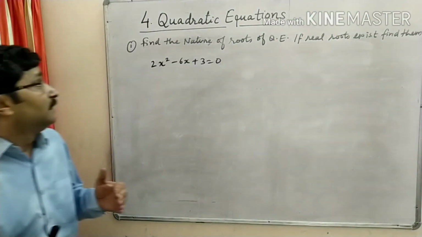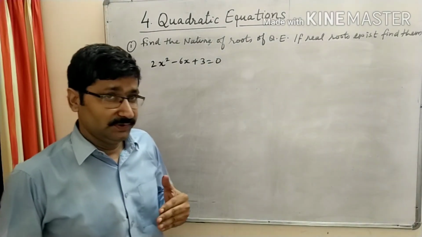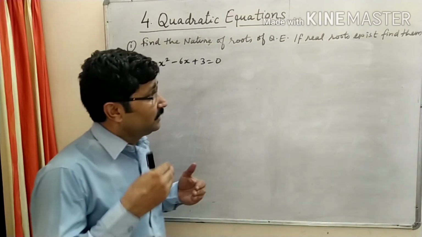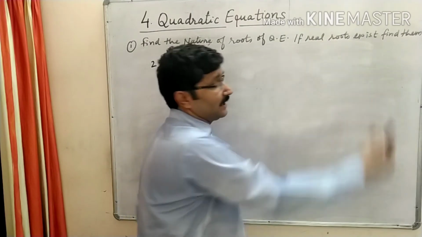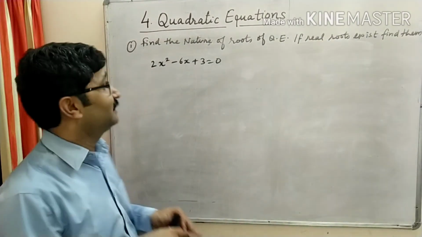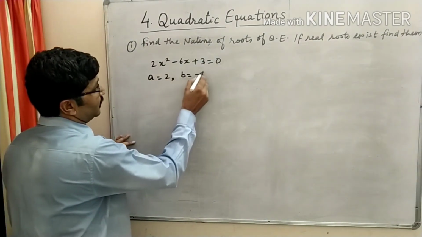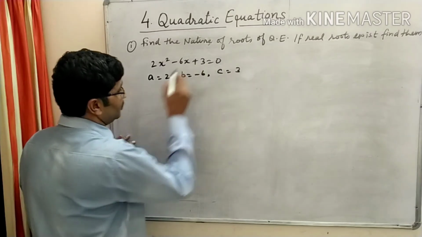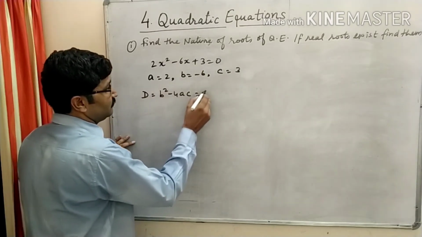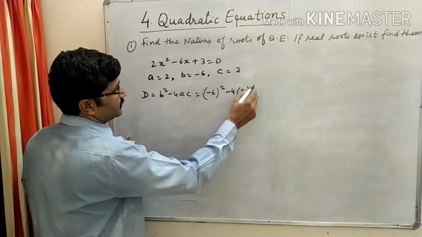Look here, find the nature of roots of the quadratic equation, and if real roots exist, then find them. So here it is a double question. First we will find the discriminant. For that, here a is equal to 2, b equal to minus 6, and c equal to 3. First you find the discriminant, that is b square minus 4ac. b square is minus 6 square, minus 4 times a which is 2, times c which is 3.